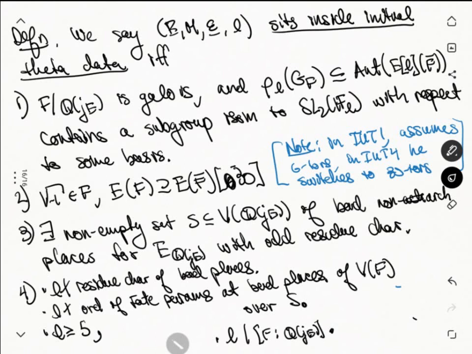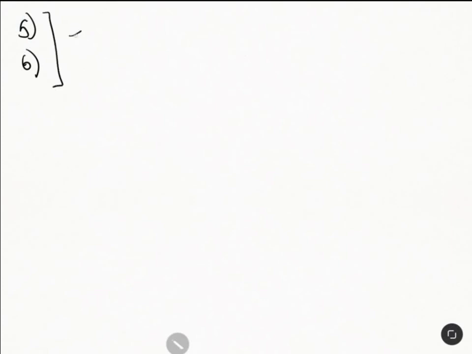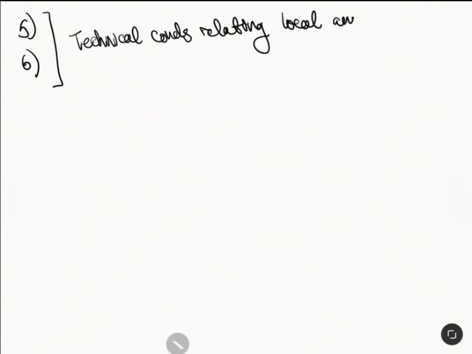We have 2 more. Okay, so then there's condition 5 and 6. Okay, so these 2 things are going to be technical conditions. Well, not so technical. Relating the torsion, so local and global torsion.